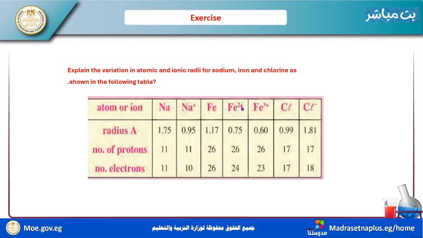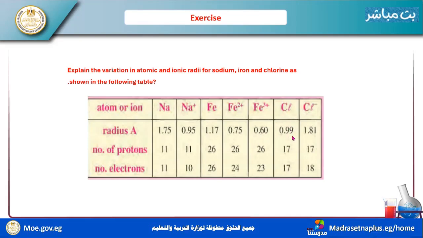Fe plus 2 loses 2 electrons, so the ionic radius is 0.75. Fe plus 3 loses another electron, so the radius equals 0.6.